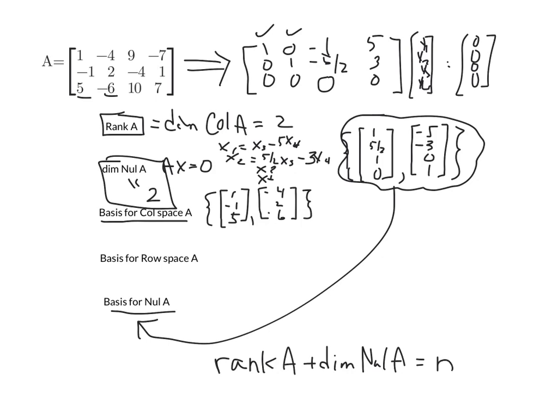Sure enough, in this case, the rank of A is 2, the dimension of the null space is 2, and n, meaning the number of columns that we have, is 4. So 2 plus 2 equals 4. Our rank theorem checks out.